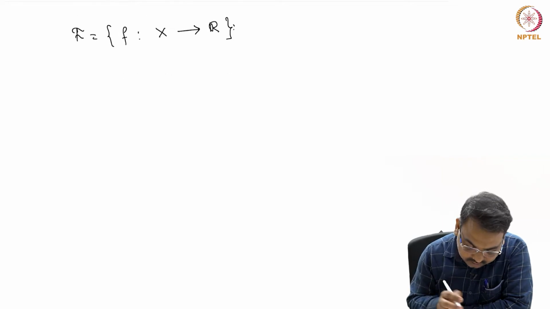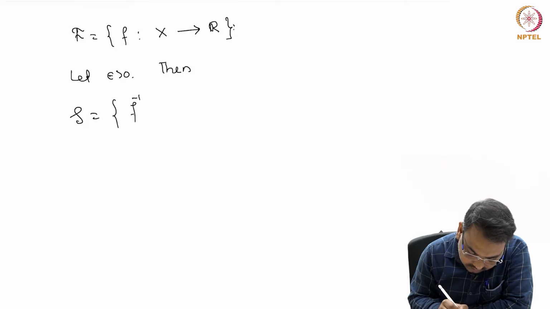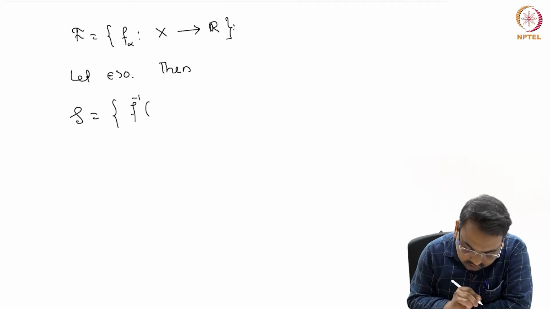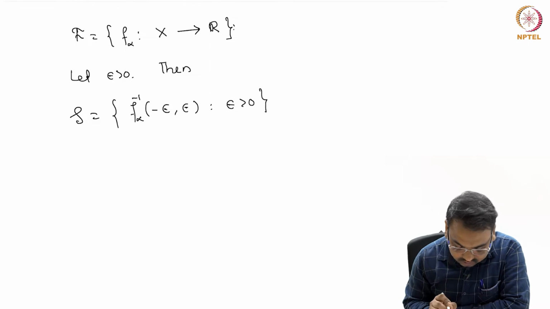Now in this case, let us take epsilon positive. Then we need this collection S as F alpha inverse of minus epsilon comma epsilon, where epsilon is positive.